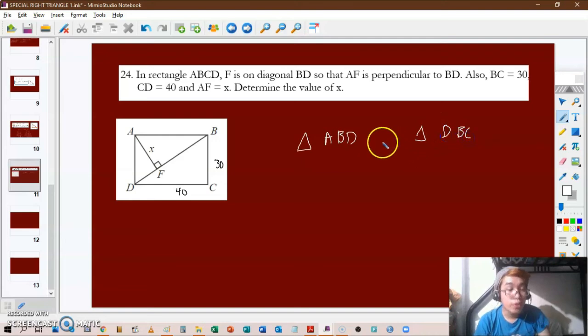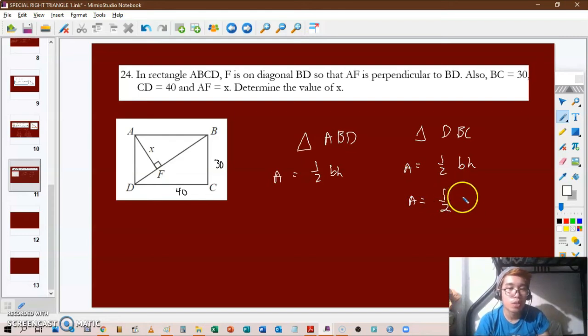So let's try to solve for the area of both triangles. We can use the simple formula, A is equal to 1/2 base times height. We already have the base for DBC, which is 40, and the height is equal to 30.